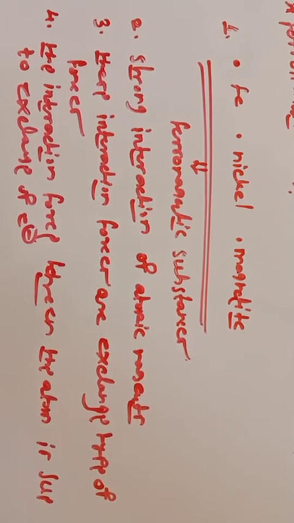They are considered ferromagnetic substances. There is a strong interaction of atomic magnets. These interaction forces are exchange type of forces, and the interaction force between the atoms is due to the exchange of electrons.